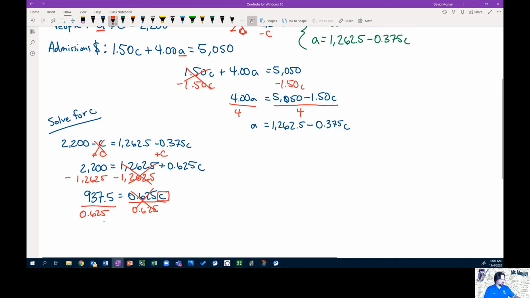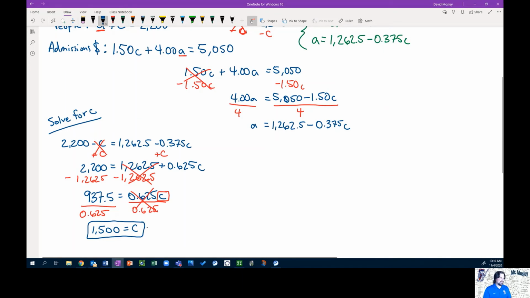That leaves me with a nice whole number: 1,500 equals C. This is excellent. I did not end up with a fraction of a child, which is helpful. So we have 1,500 equals C.